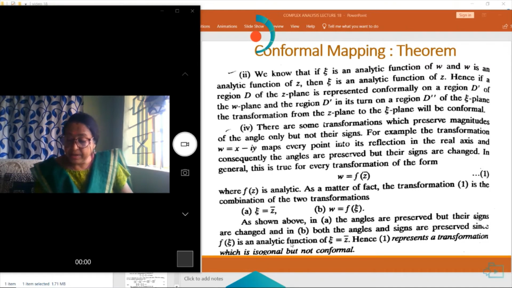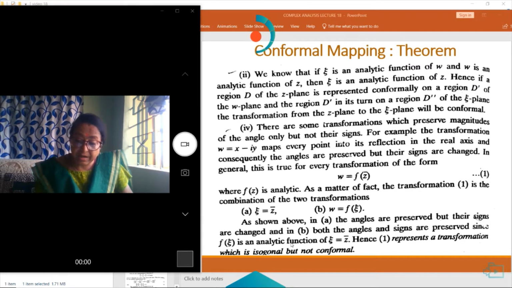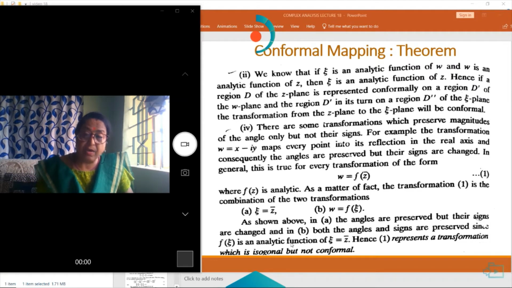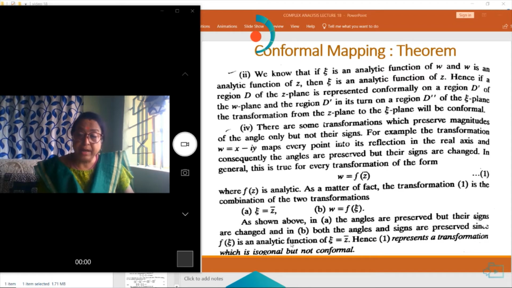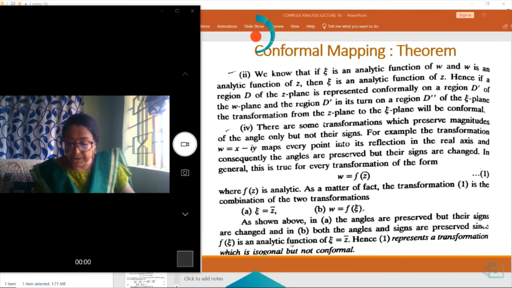Hence, if the domain D of the z plane is represented conformally in the region D dash, so from z to w it should be conformal, and then from w to zeta it should be conformal. Then it will be conformal from z to zeta. So the transformation from the z plane to the zeta plane will be conformal.